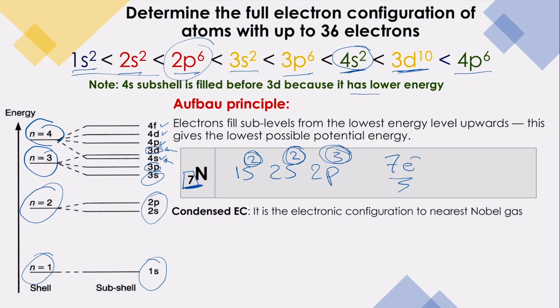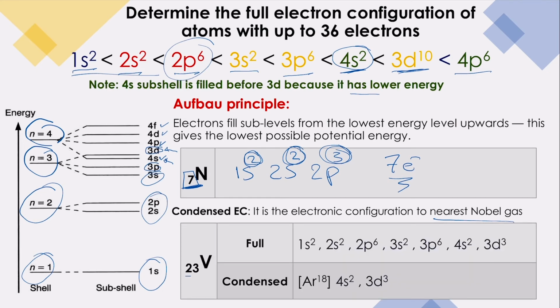Okay, we have another way for electronic configuration. It's called condensed electronic configuration, which is to the nearest noble gas. It will not be clear, or we will not use it, until we move to bigger atoms. As you can see here for vanadium, V23, the full electronic configuration is just copying this line.